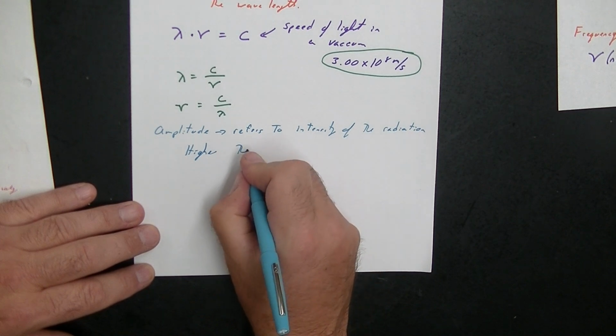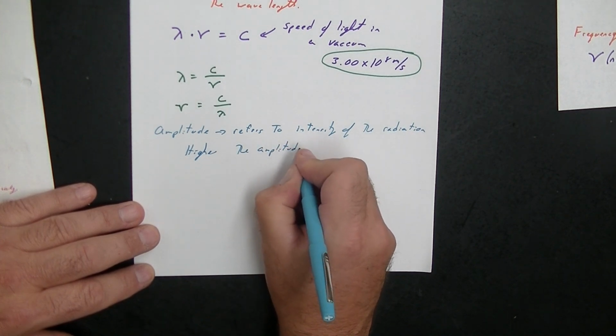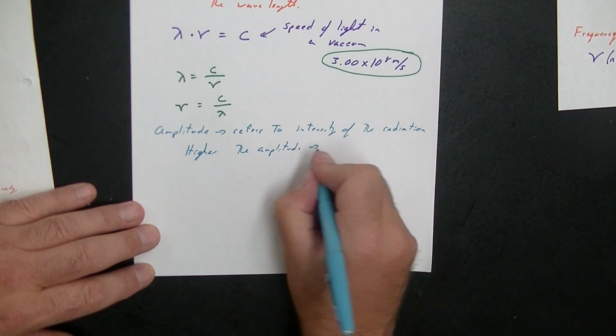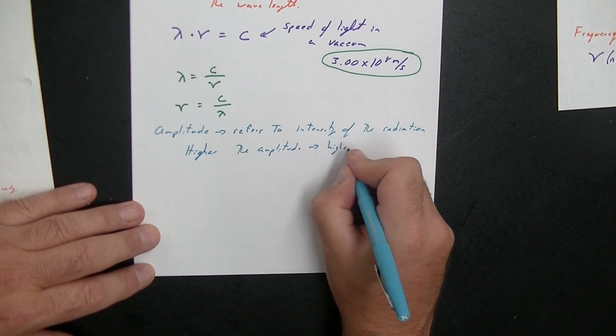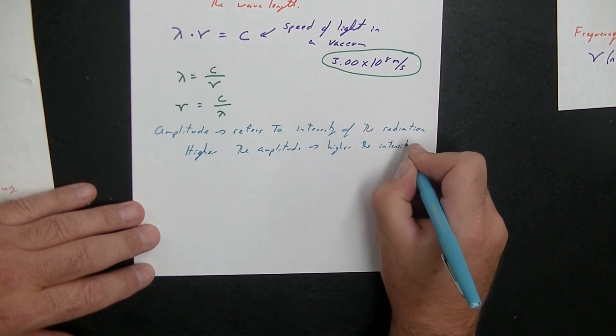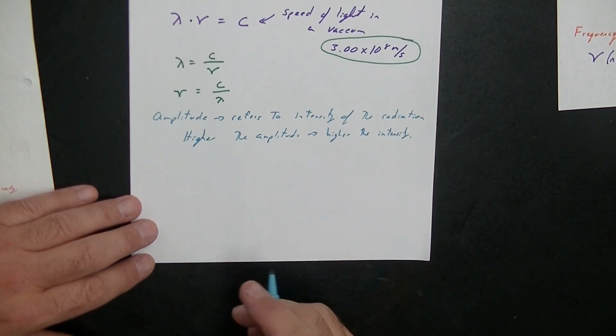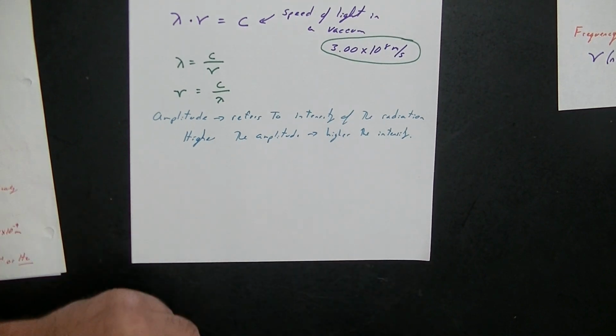Higher the amplitude, higher the intensity. Well, what does that look like on the wave itself? Okay, well, let's draw it.